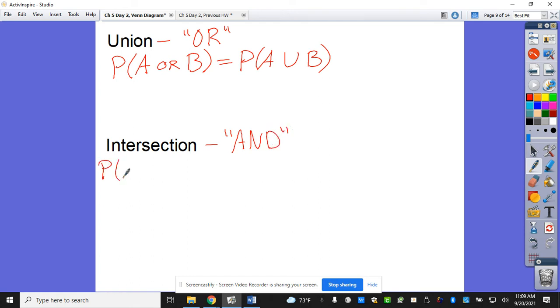So probability of A and B can also be written as this, but upside down. So if you're ever writing out a problem, I don't care if you write and in words or write this symbol instead. Same thing with union. But if I give you this or this, you have to know what it is to be able to go from there.